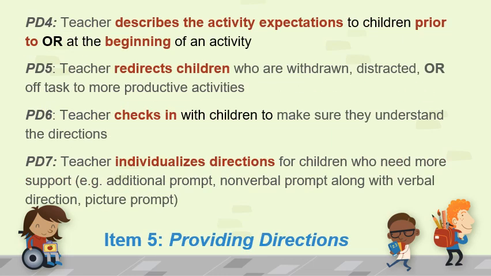For the middle indicators of item 5, providing directions, PD 4 is teacher describes the activity expectations to children prior to or at the beginning of an activity.